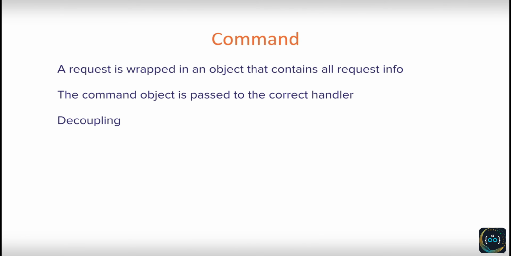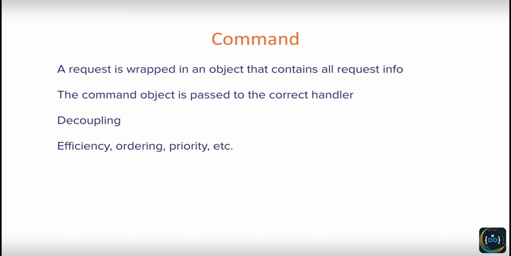Now, benefits obviously include decoupling, as we've seen, but there are many other benefits such as efficiency. We can introduce some ordering if we require. In our case, we have UI commands, but in a real world situation, we can package any type of information into an object that can then be processed, into a command.